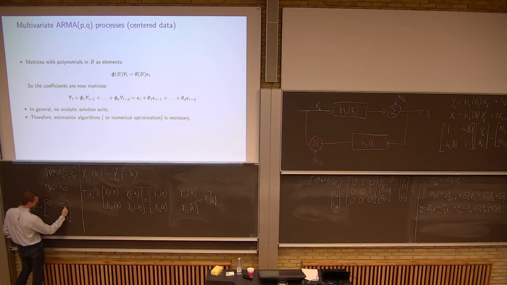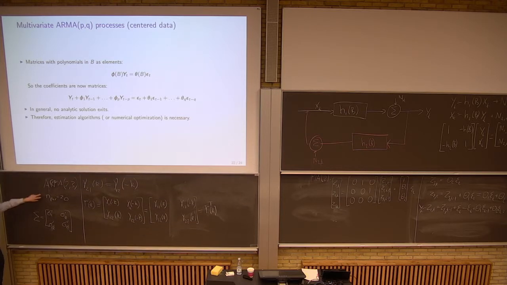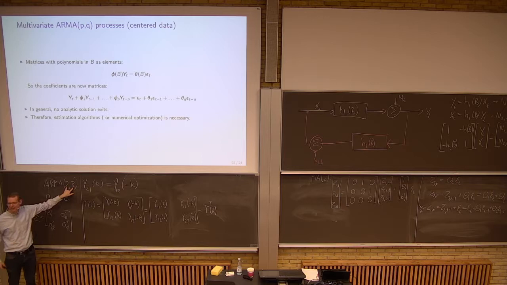I should write sigma 1,2 and sigma 2,1. Now this matrix has to be symmetric. So this one has to be equal to sigma 1,2. So due to symmetry, it's only 3. But then go to a 3-dimensional system. Assume this was a 3-dimensional system, then it's 5 coefficients each with 9 elements, right?